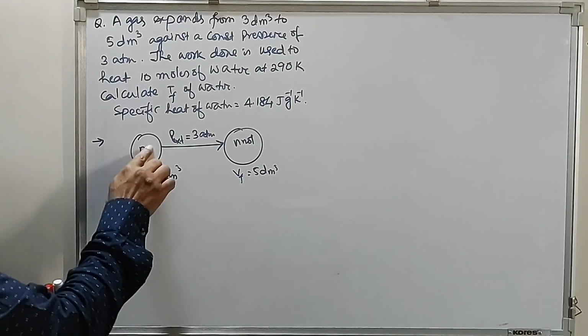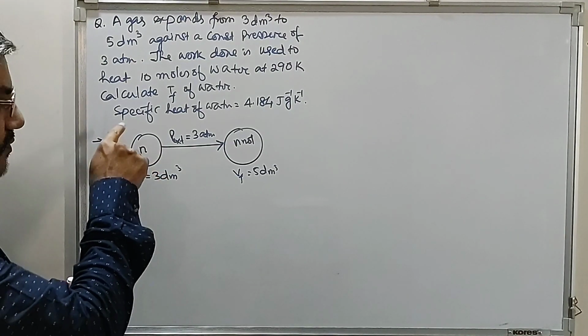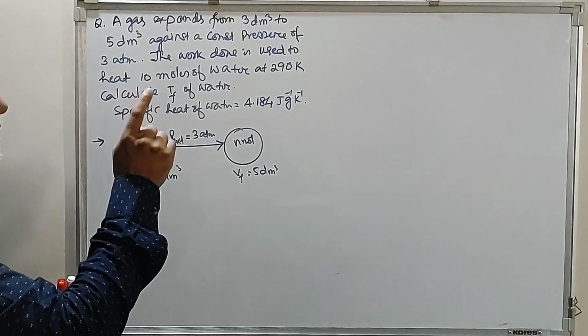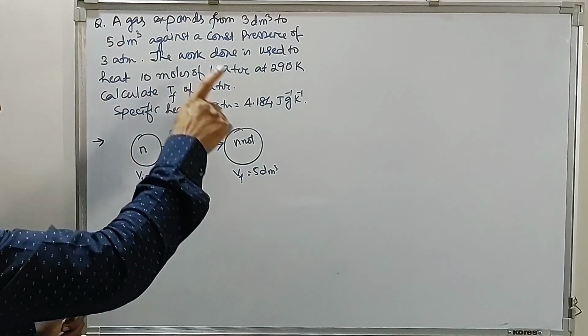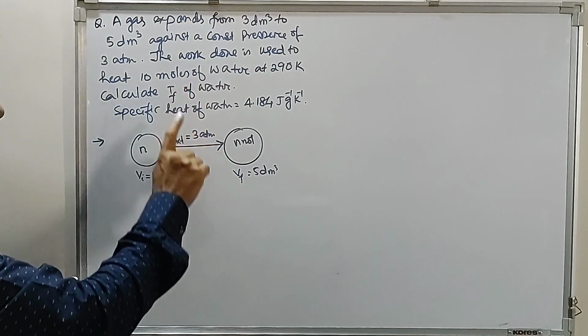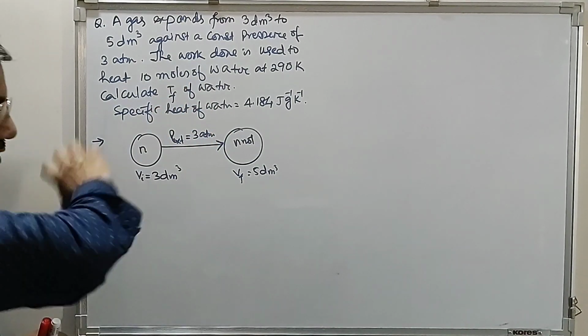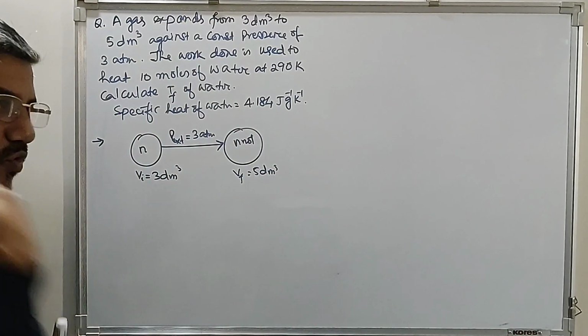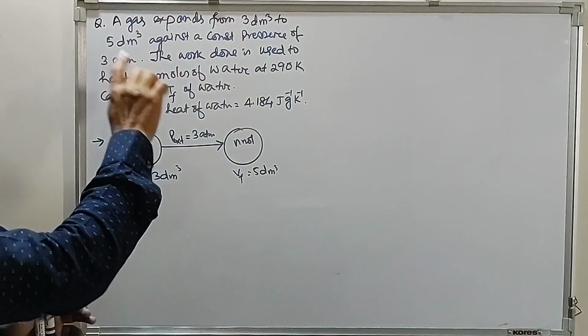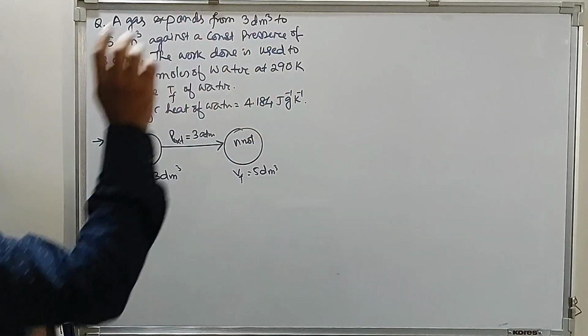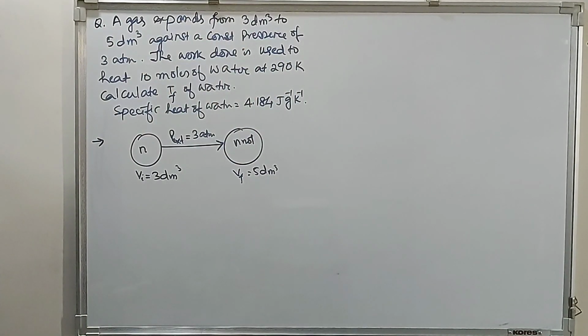So we have n moles of ideal gas changing from initial to final state at a given temperature against a constant external pressure of 3 atm, and during this process some work is done, and that work is used for heating 10 moles of water, whose initial temperature was 290 Kelvin.